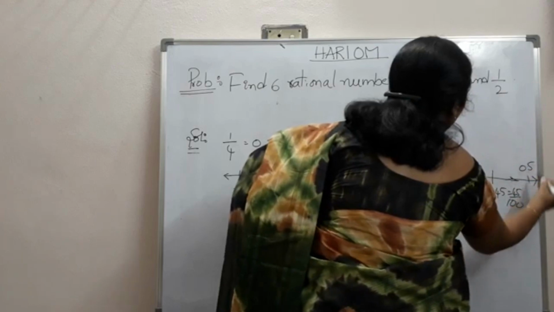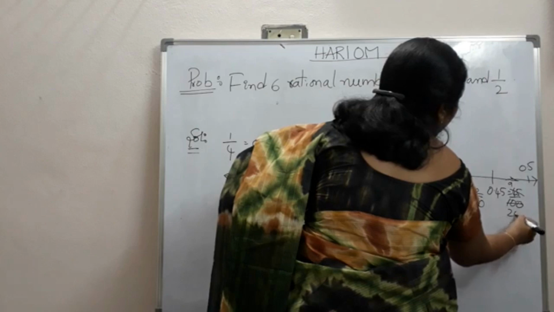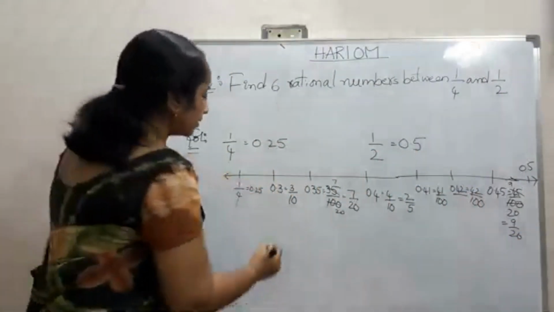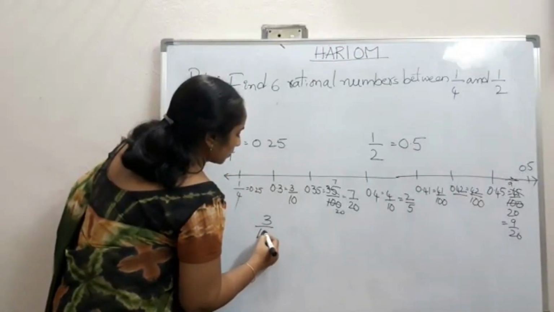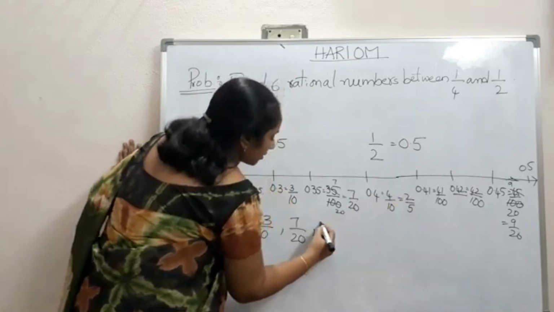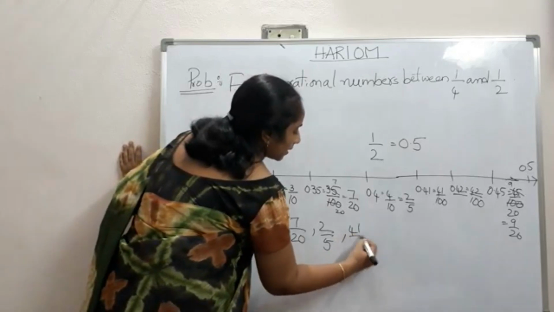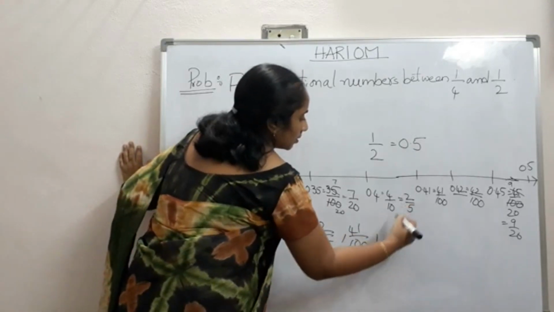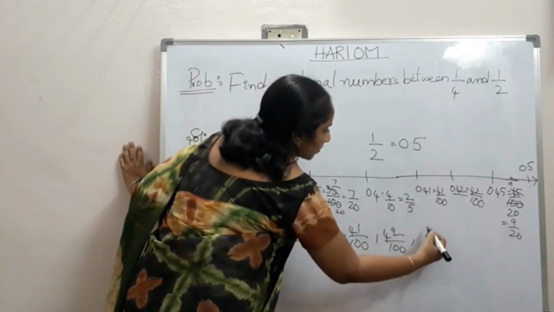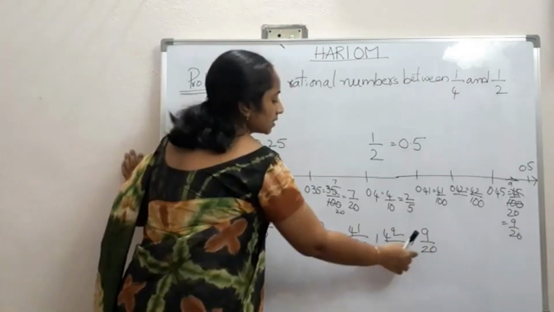Here we have 0.5. So this 45 by 100 we can express as 5 nines, 5 twenties, it is 9 by 20. See, 3 by 10, 7 by 20, 2 by 5 or 4 by 10, 41 by 100, 42 by 100, 9 by 20. So 1, 2, 3, 4, 5, 6.